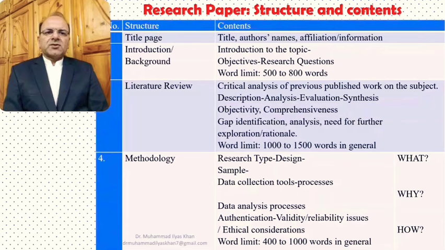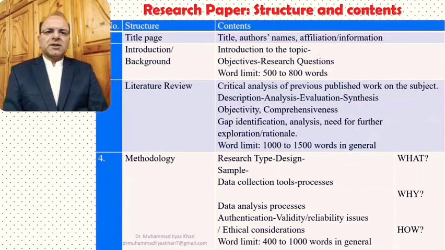The important characteristics of this part is that it should be objective and it should be comprehensive, which actually means that it gives adequate background and scholarly insights into the research topic to the reader. This also leads to gap identification, although a preliminary gap has already been identified in the beginning or introduction part of the paper.